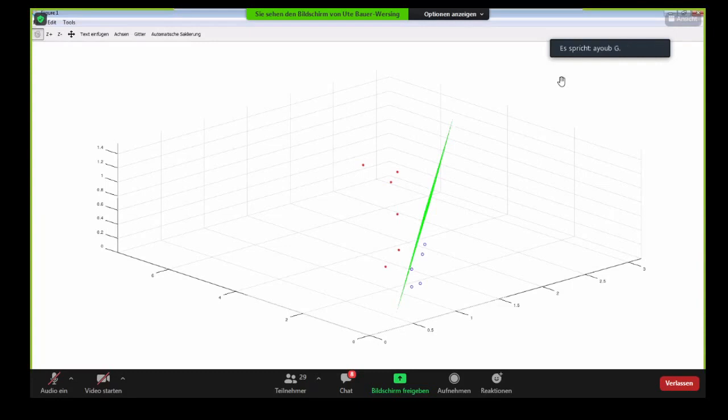Yes, this is my problem. Okay, this is basically the classification problem you get when you use x1 squared as an additional feature. The red and the blue dots.